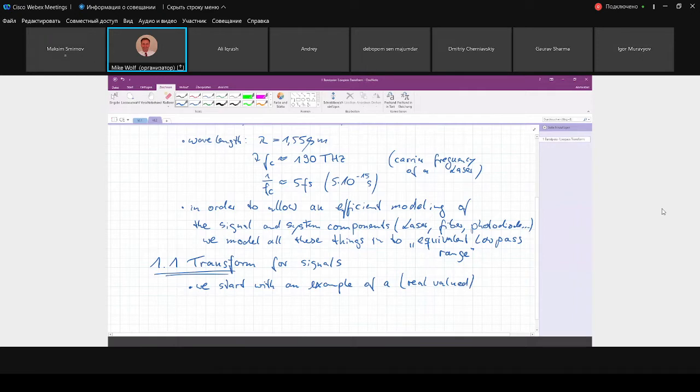We can measure them. These are continuous time signals. We want to measure them, a real valued, deterministic, bandpass signal.